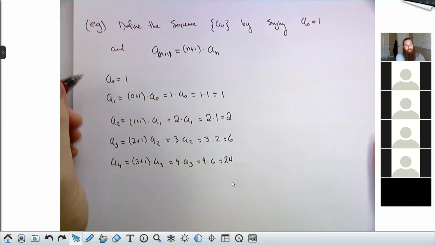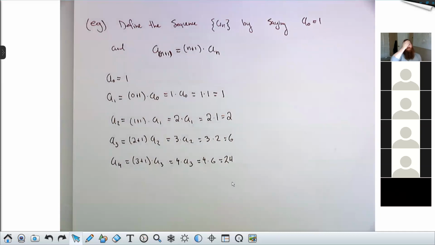And I could keep going like this. So a recursive sequence is one where you don't have an explicit formula for an. Instead, you have a rule that tells you how to get the next term out of the previous terms. So if I wanted to find a10, I would have to calculate a9 first, because all this tells me is that a10 is equal to 10 times a9.